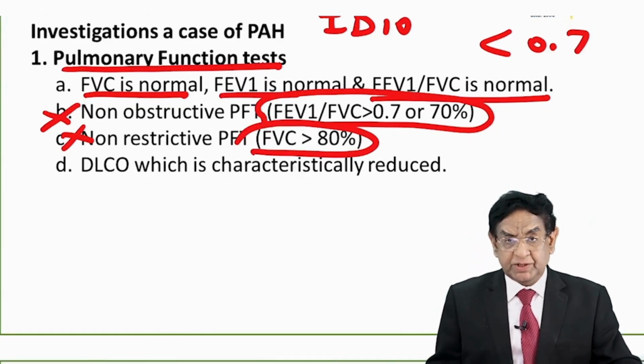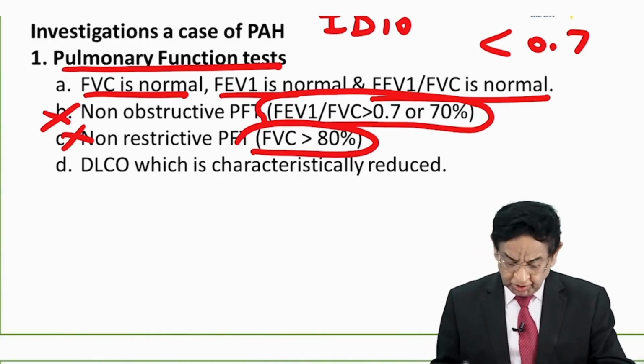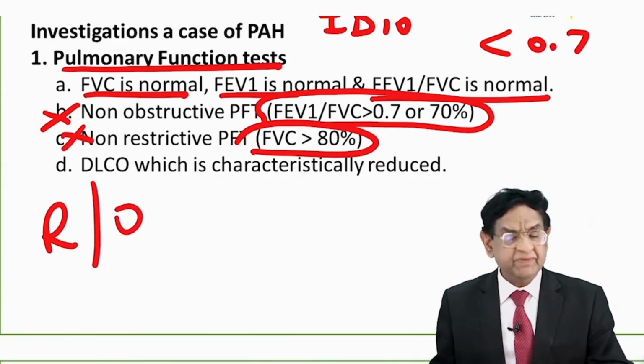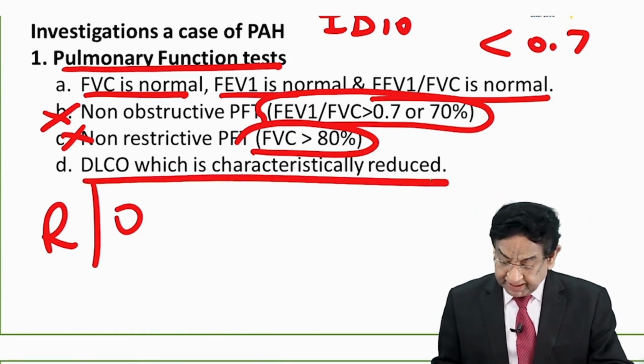Then what is the use of doing any lung function test? Spirometry we do to rule out obstructive or restrictive airway disease. But what is the classical abnormality? Diffusion capacity is reduced.